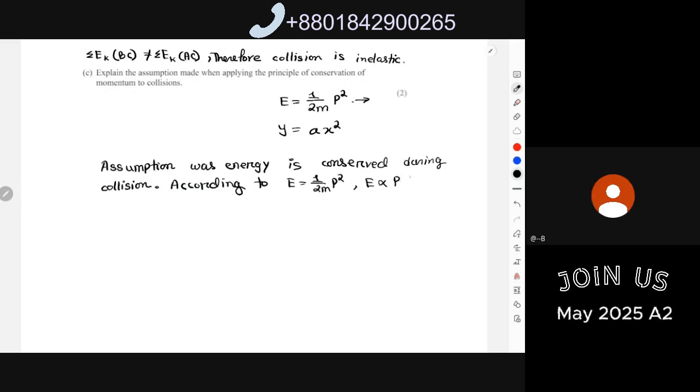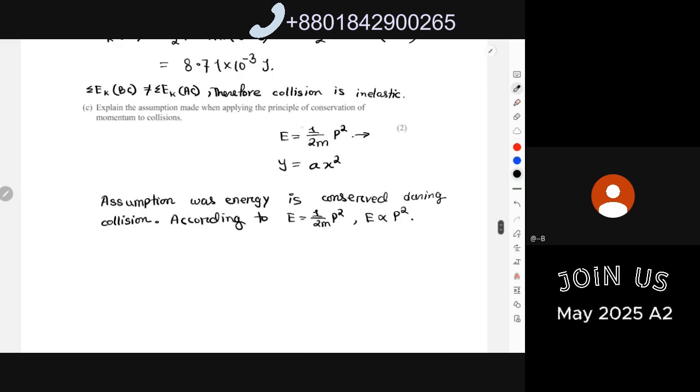Yes, how does this relate with collisions? With these equations, energy and momentum. This relates with overall energy and momentum. So if energy is conserved, then momentum is conserved, and only if momentum is conserved can we use the equation total momentum before collision is equal to total momentum after collision, right?